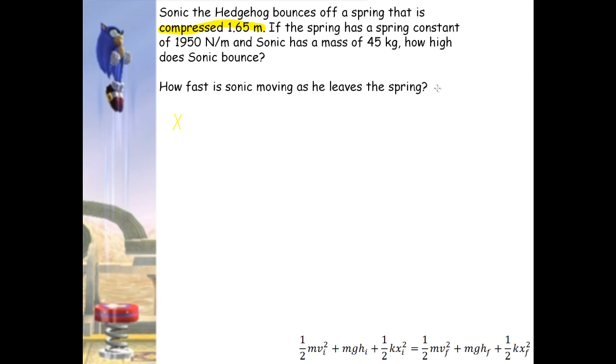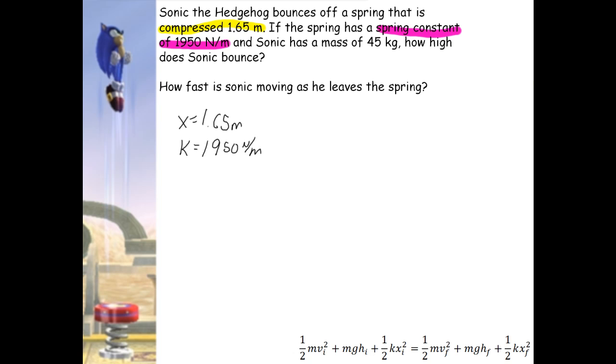So x equals 1.65 meters. Then we also have another piece of information here. It says it has a spring constant of 1,950 newtons per meter, and so that's going to be k equals 1,950 newtons per meter.